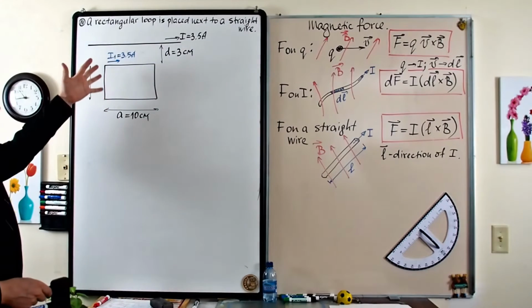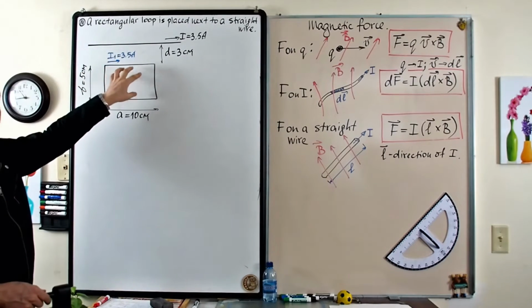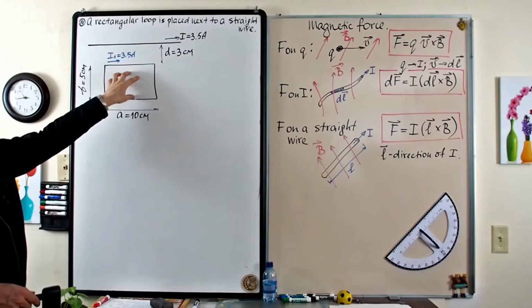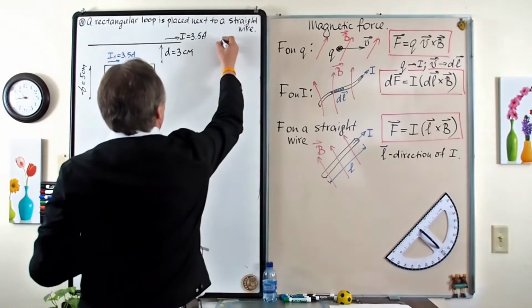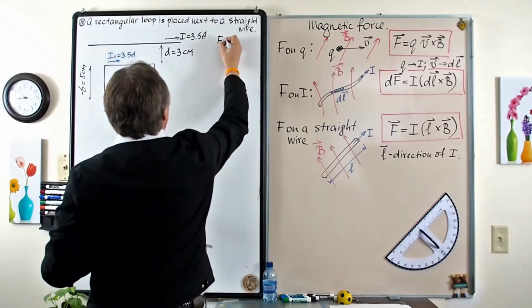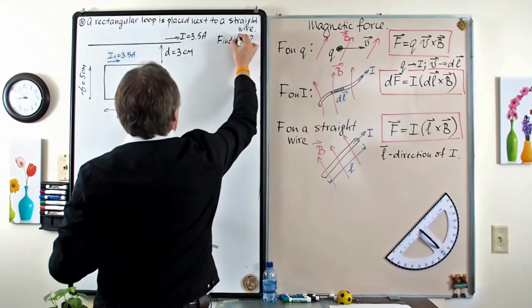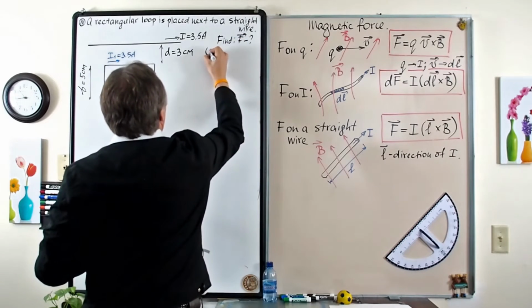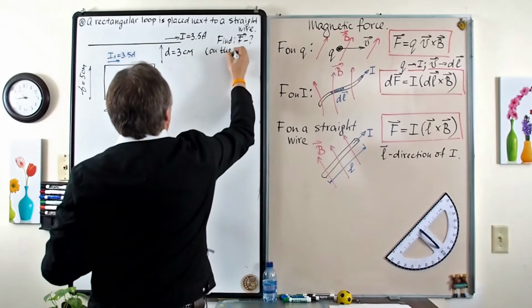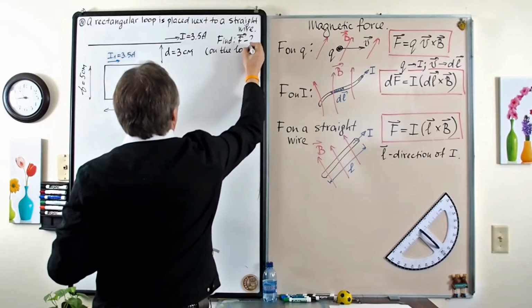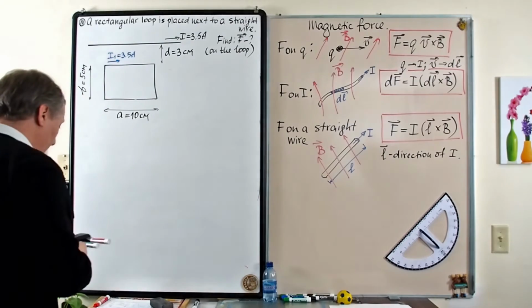Okay, so what we need to find? We need to find the net force acting on this rectangular loop. So we need to find F, okay, I will write a vector, on the loop, acting on the loop, right?